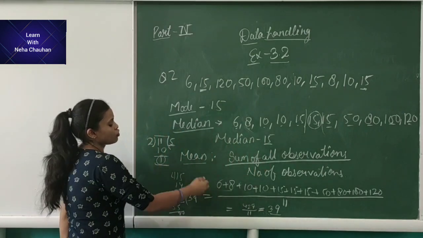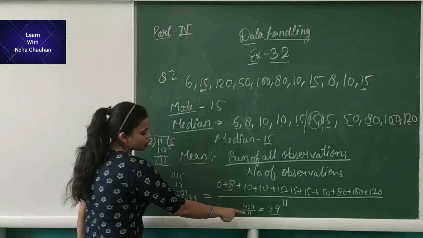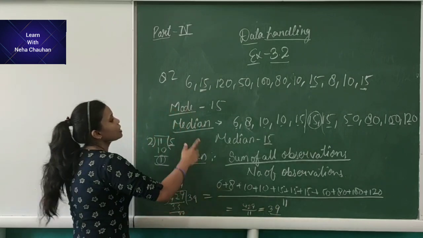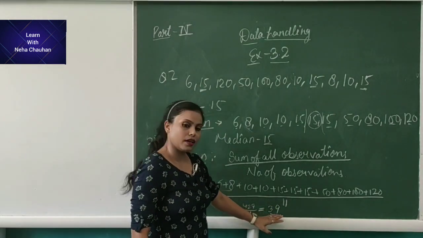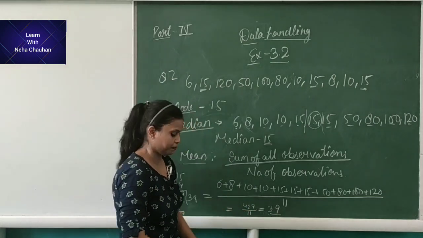So the mean for this data is 39. That means the cricketer has scored a mean score of 39.